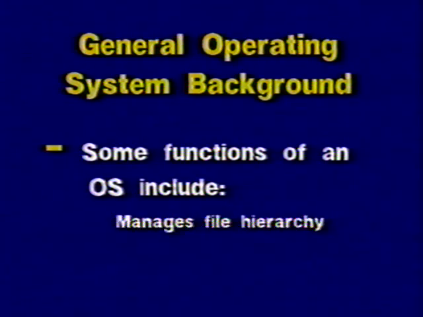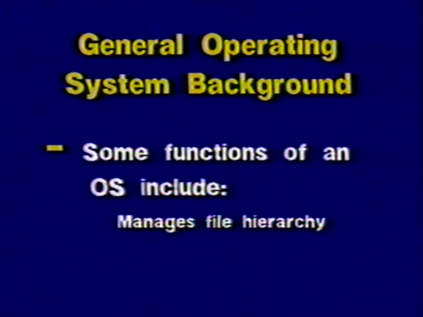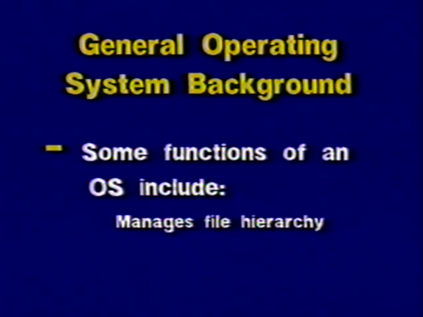The final function of an operating system that I want to talk about is that it manages file hierarchy. Now, if you're not familiar with how most computers are used, let me explain a little bit. The file system has a specific structure associated with it, and that structure uses a term called a directory.